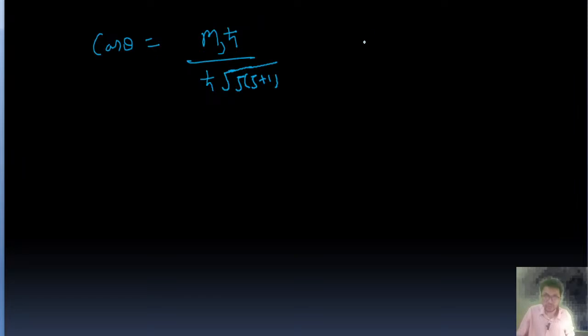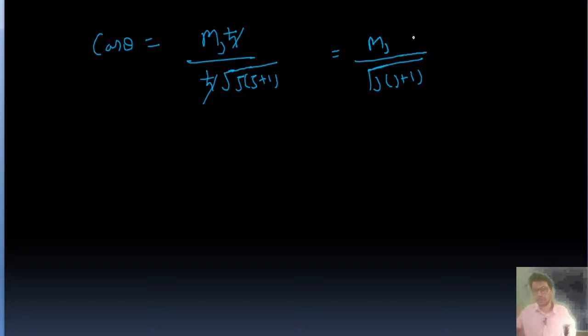So h cut will get cancelled. So mj upon root J into J plus 1 is cos theta. Okay, now we'll find possible orientation.